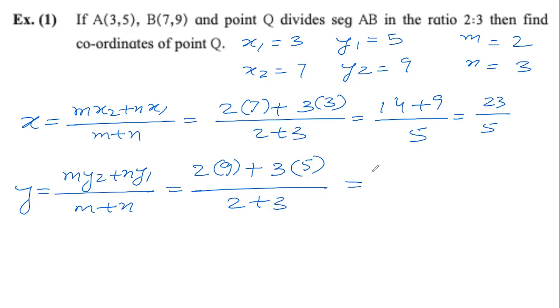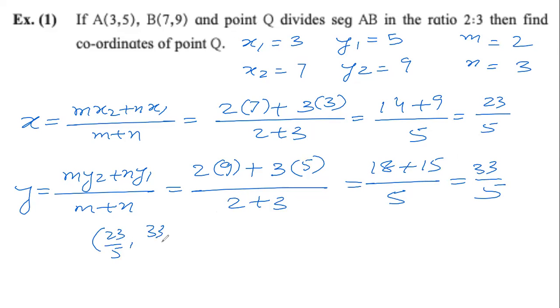So 2 into 9 is 18. 3 into 5 is 15, by 5. 18 plus 15 is 33 by 5. So we have found x and y. Have we found the answer? Yes. The coordinates of the point Q are 23 by 5, 33 by 5. This is the answer.